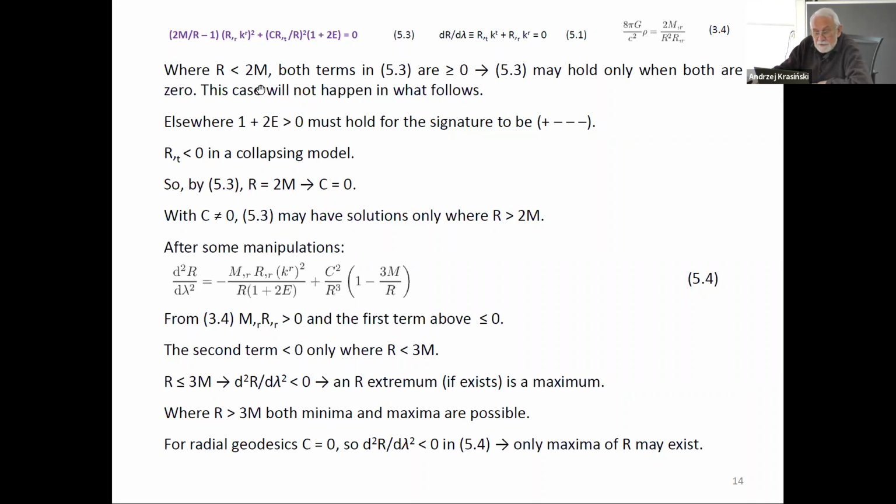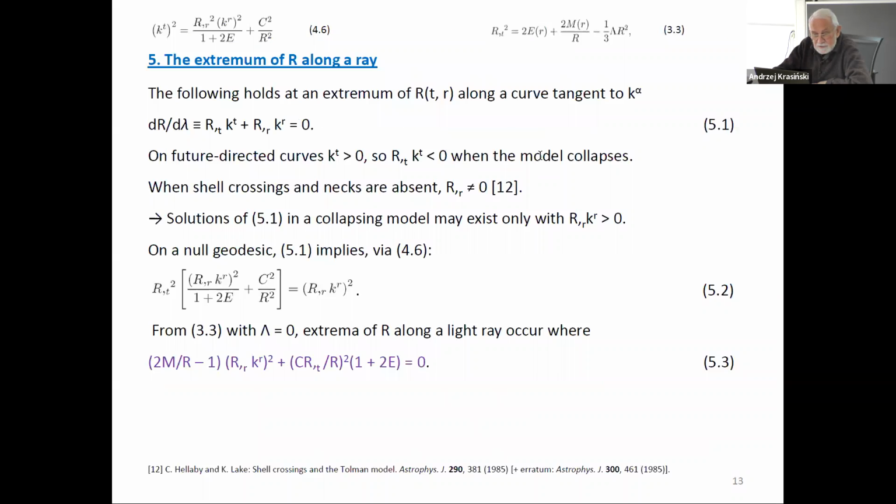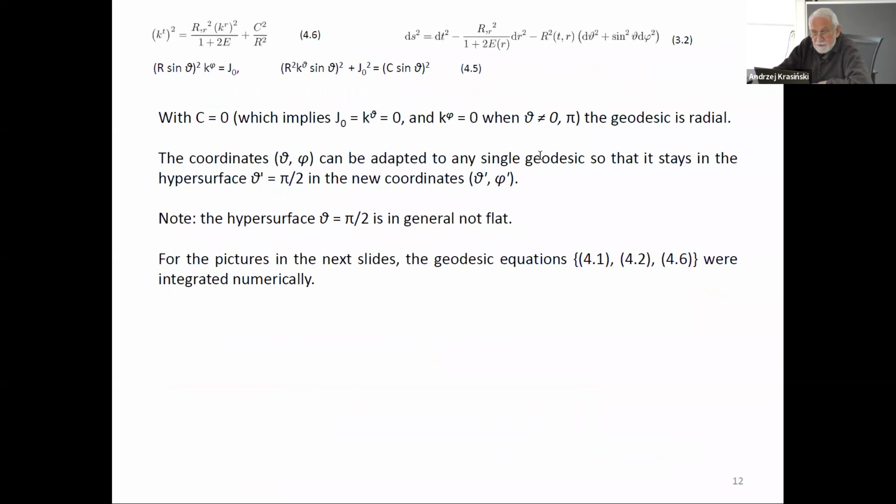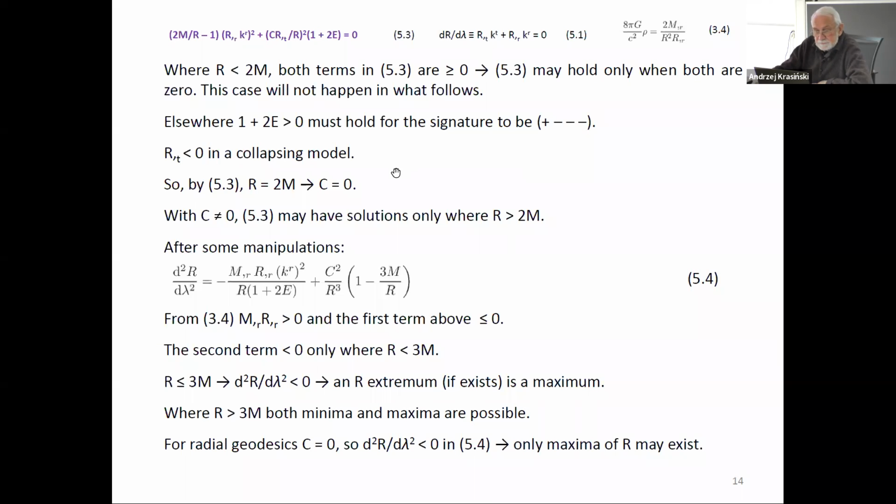Now, in all other places, 1 plus 2e must be positive in order for the metric to have the right signature. Okay, this is the metric. 1 plus 2e must be positive. Okay, RT is negative in a collapsing model.